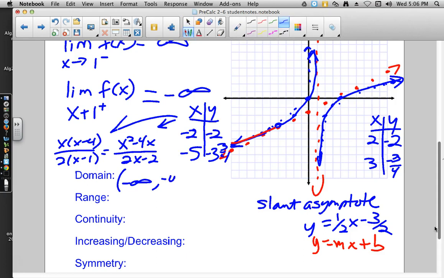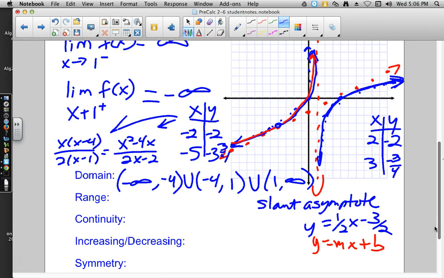So we're going to stop at negative 4, we're going to hop over it, and then we're going to get back on our graph, and we're going to travel until we get cut off by our x's, and that's going to be at 1. So this is going to go from negative 4 to 1. Got to jump over the 1, but then we are going to the right forever. So infinity.